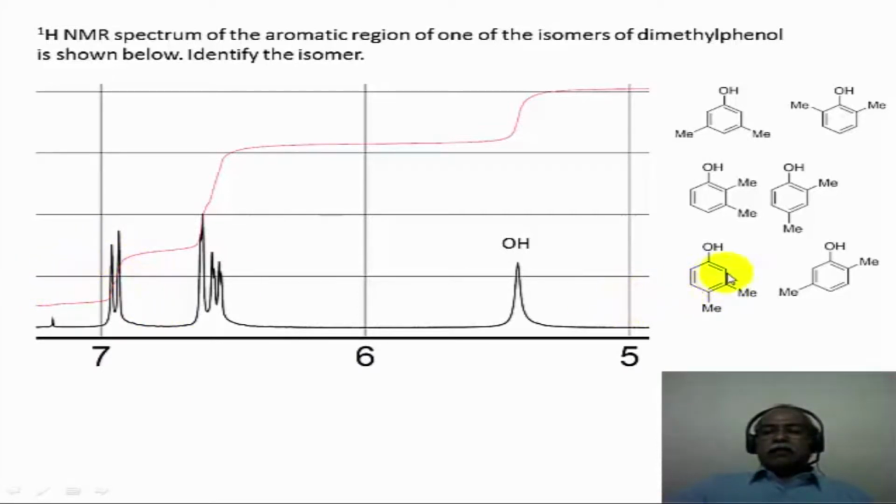And this doesn't have any meta hydrogen, it has only a para hydrogen. So you don't see any further splitting of this doublet in this multiplet that you see here. So based on these facts, one comes to the conclusion that 3,4-dimethyl phenol is the correct answer corresponding to this particular spectrum. And of course the OH peak is coming separately around 5.4 ppm or so.